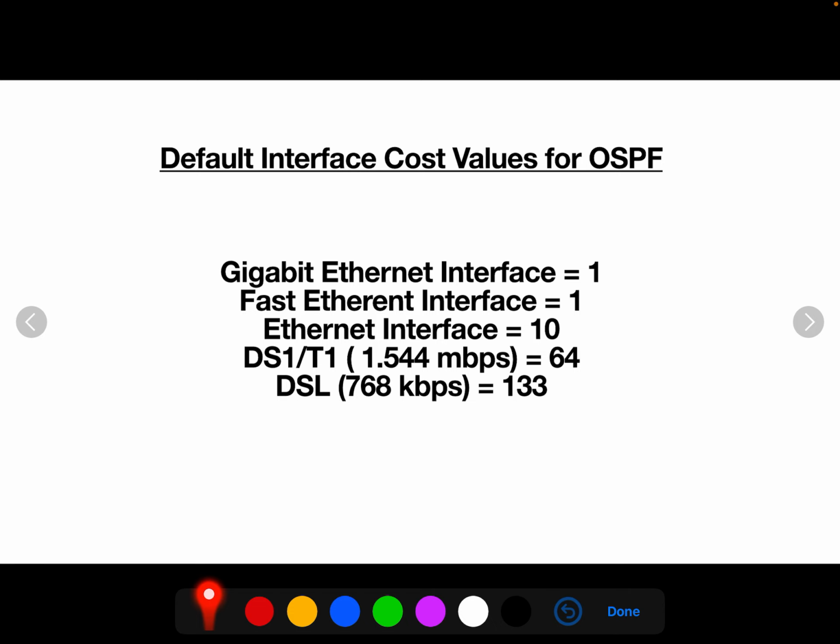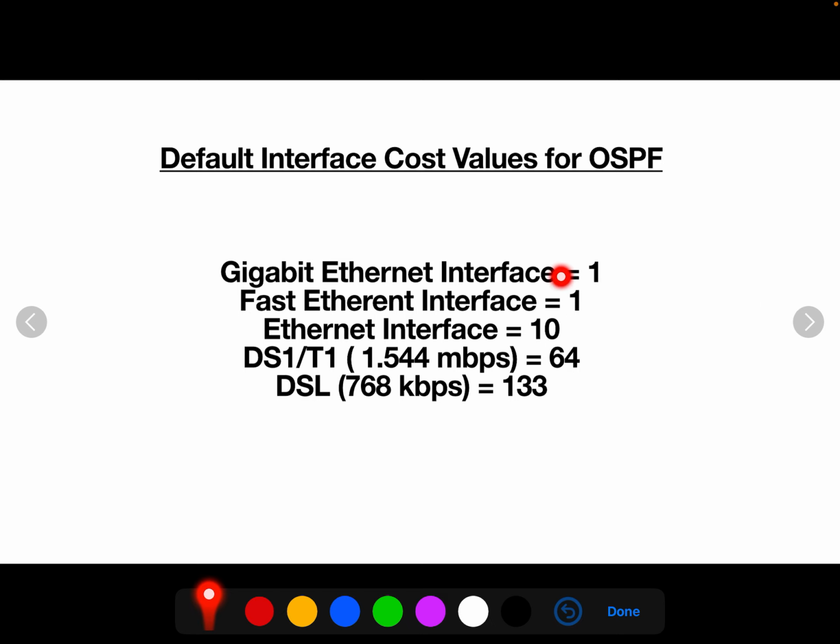Now, default interface cost value for OSPF. So this is something important to remember. When OSPF is trying to add up cost, OSPF uses these cost values for different interfaces. So Gigabit Ethernet interface, that's the cost value of 1. Low cost is always better.